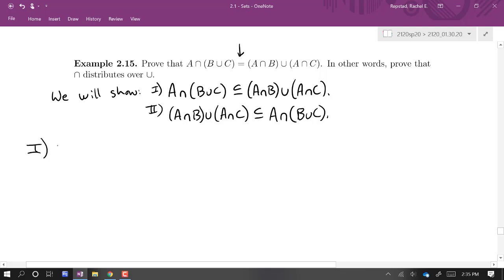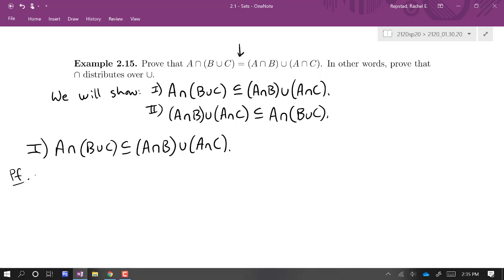So for the first one, I'm just going to restate what we're proving. A intersect B union C is contained in A intersect B union A intersect C. How do we start a containment proof? By defining X. And how do I define it? Well, what is special about X?